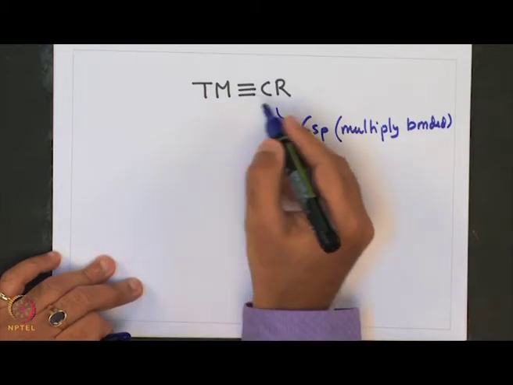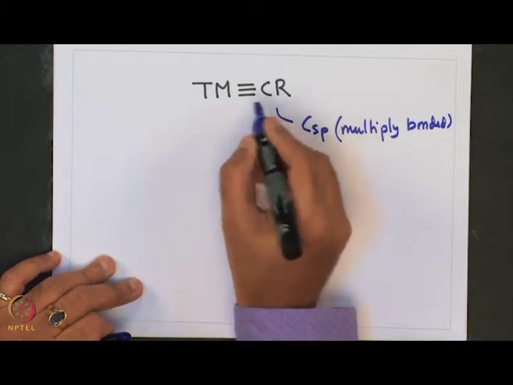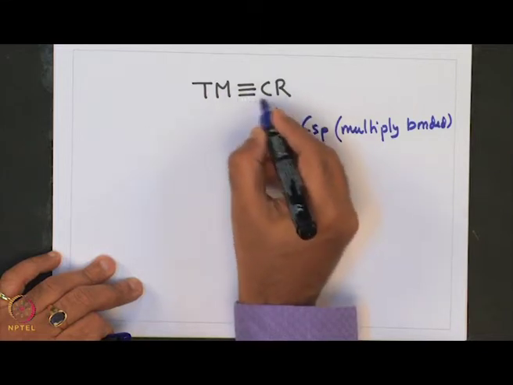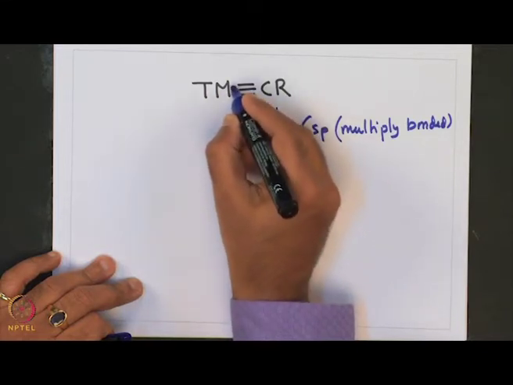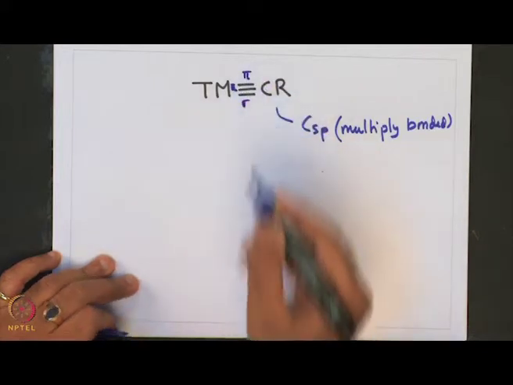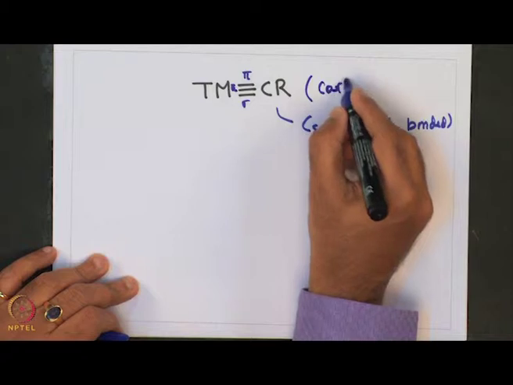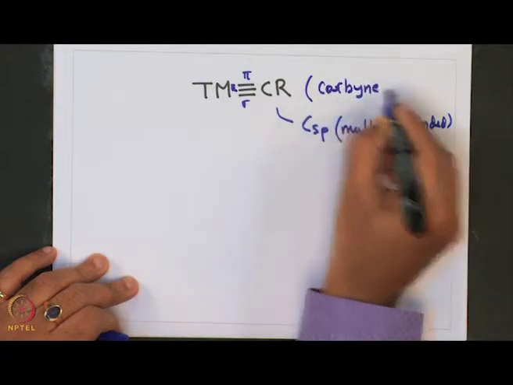As a result, there exist three types of bond between the transition metal and the carbyne moiety, which are sigma, pi and pi type interactions. These are called carbyne complexes.